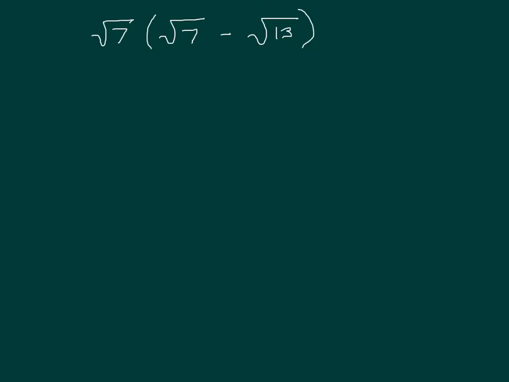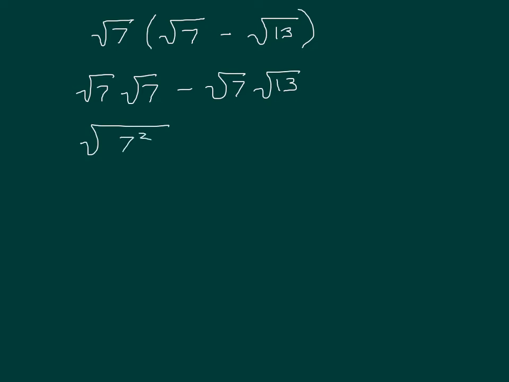In this problem, your answer was 3, and I don't know how you got it. So let me show you how to do this problem. We're going to distribute the square root of 7. So you have square root of 7 times square root of 7 minus square root of 7 times square root of 13. And then, since they're both the same kind of radical, you can combine the factors of each term inside the radical.